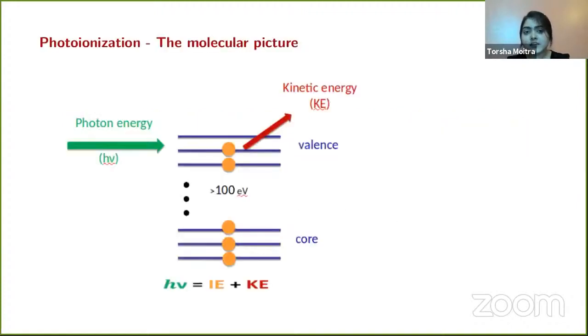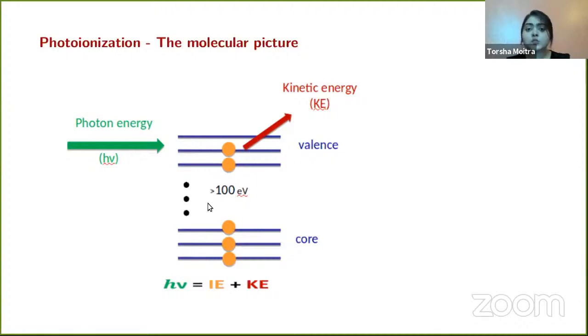Throughout this 3-day meeting, we have heard a lot about ionization processes. So I won't go very deep into the introduction of it. Just as a one-liner, photoelectron spectroscopy is the process in which an electron is ejected from the system upon shining light on it. This outgoing electron has a kinetic energy which is equal to the difference in energy of the incident photon and the bound state ionization energy of the system.